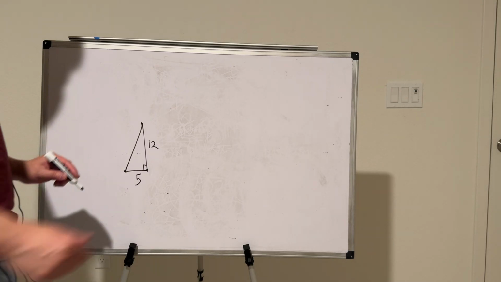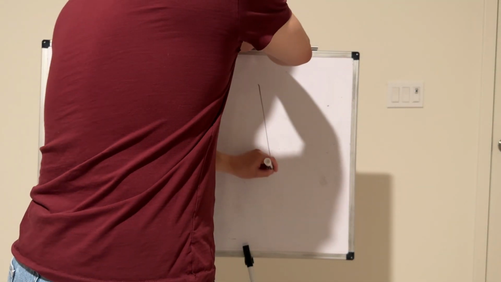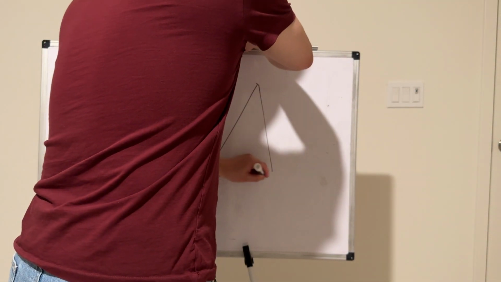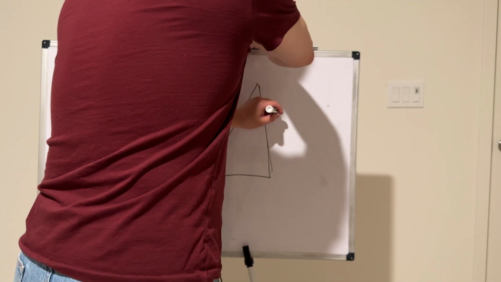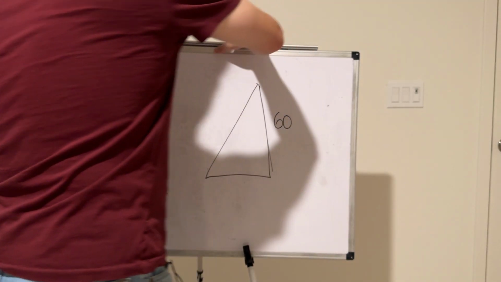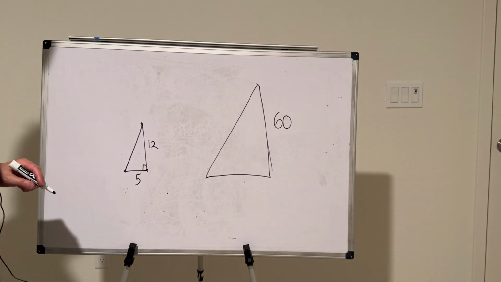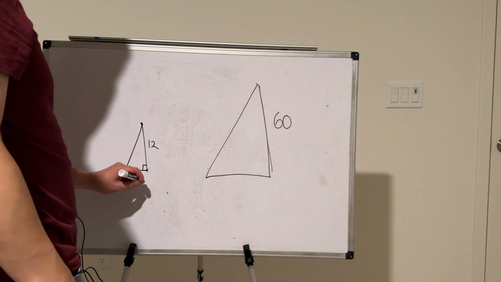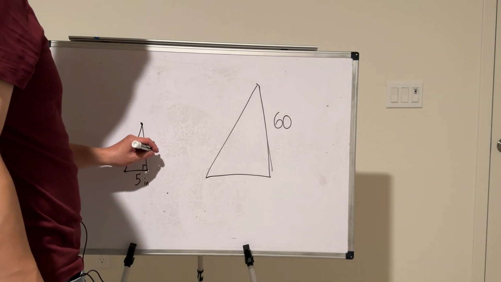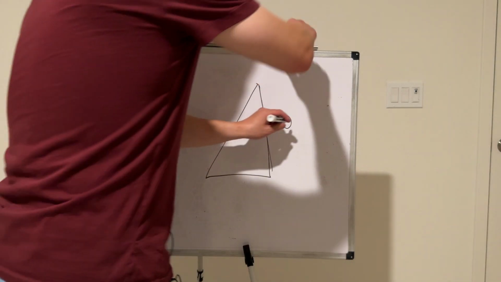And the triangle that I'm trying to find is this one, okay, such that this has 60 units of length. So let's just call this inches, just so we've got some sort of unit.